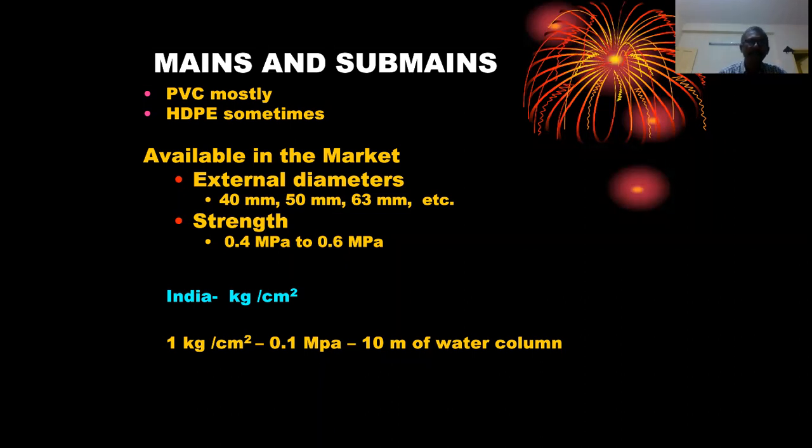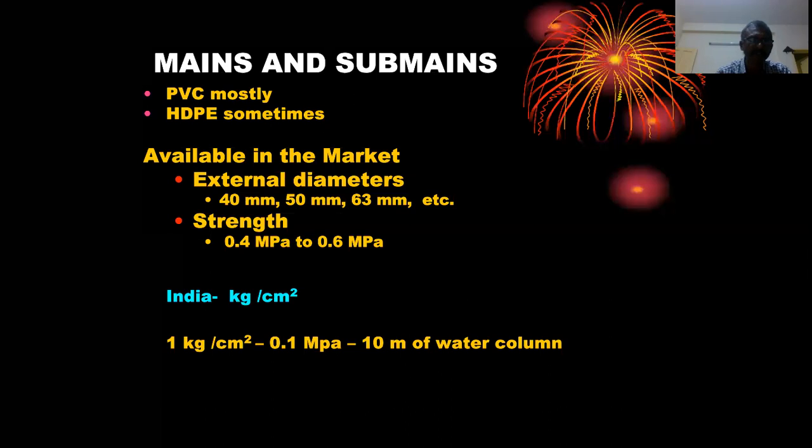The PVC pipes are available in the market with external diameters of 40 millimeter, 50, 63, 75, like that. The strength of the pipe normally varies from 0.4 megapascals to 0.6 megapascals.